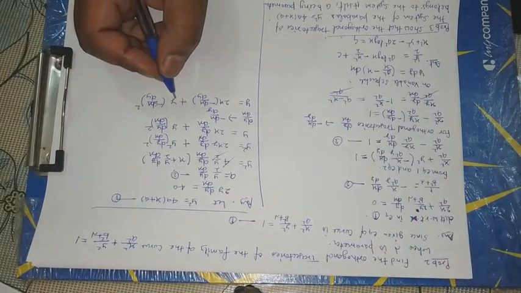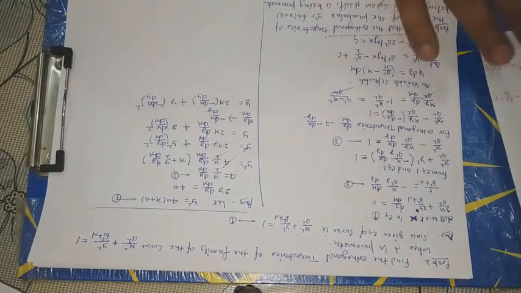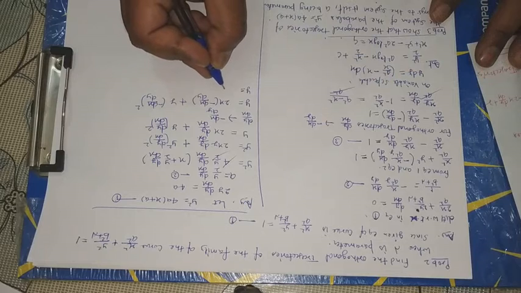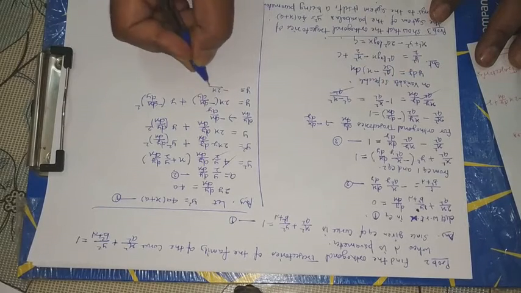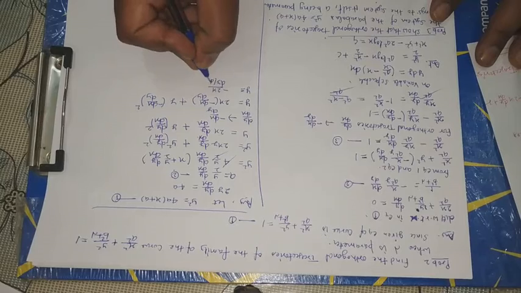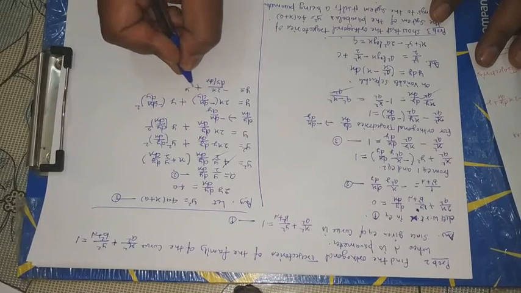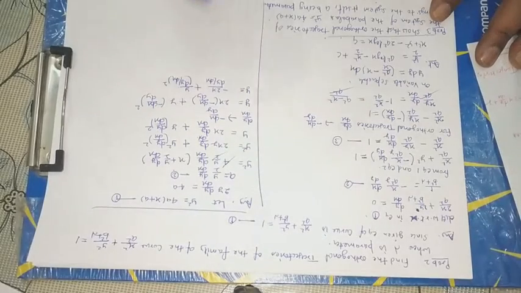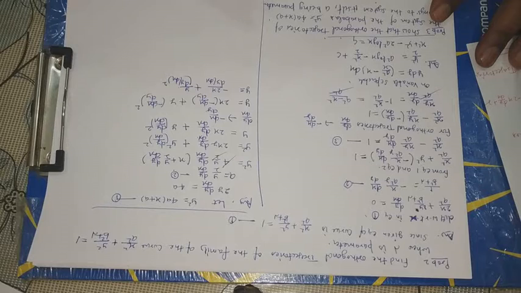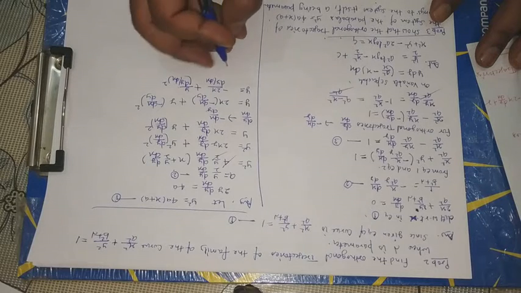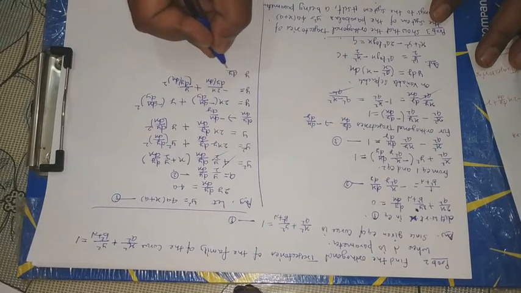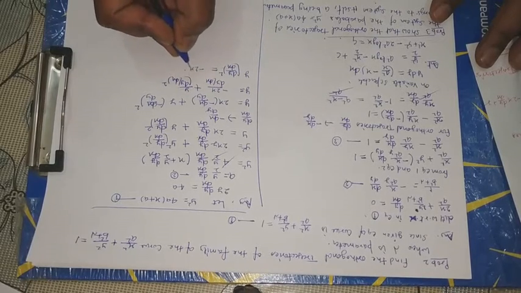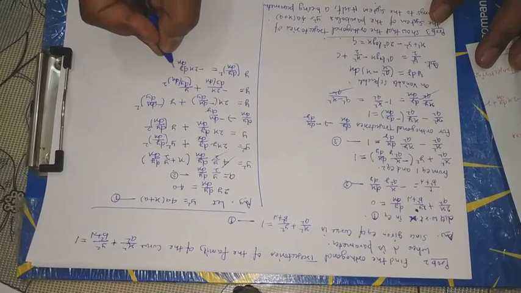Okay, student. Now we can write here y equal to minus 2x dy dx plus y upon dy dx whole square. Now we can write y dy dx whole square equal to minus 2x dy dx plus y.